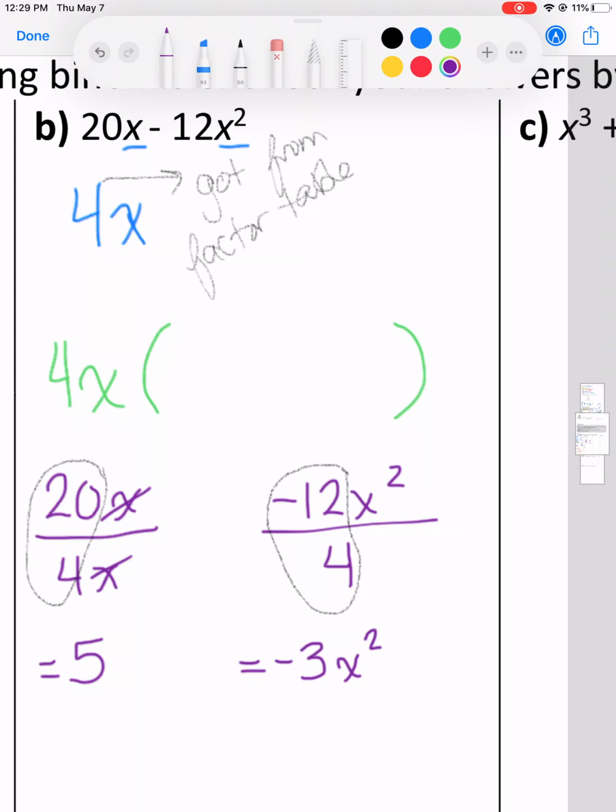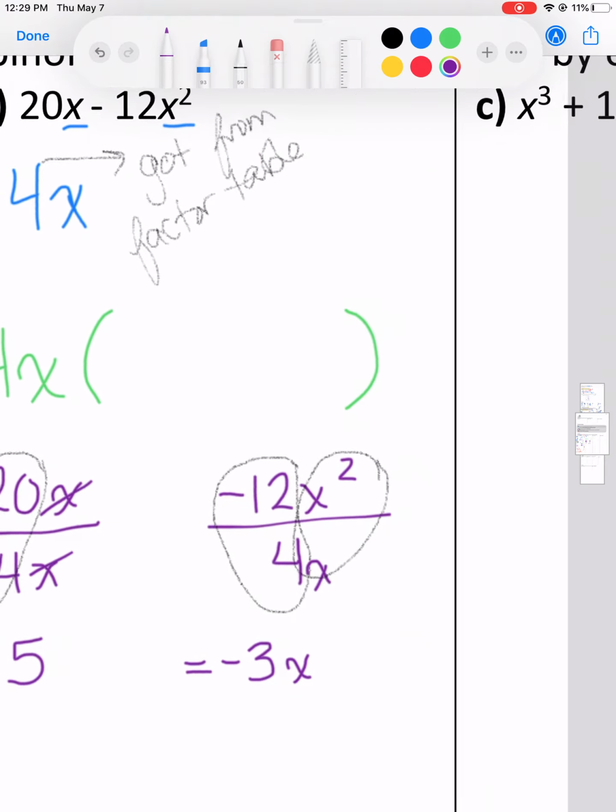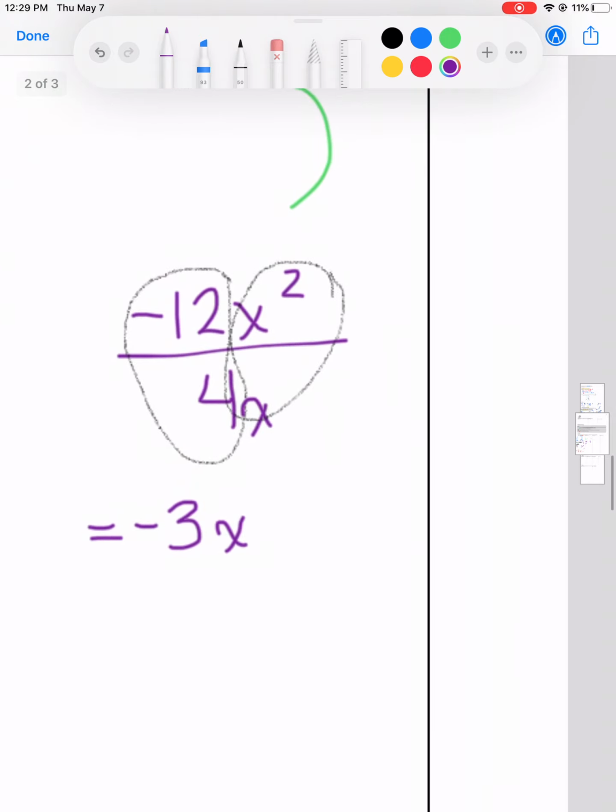Oh, sorry, there's an x there. I apologize. x squared divided by x. Remember, we're subtracting the powers. So that looks like x times x divided by x. That x and that x cross out, so it's just going to be x to the power of 1. Remember, 2 minus 1 is 1.